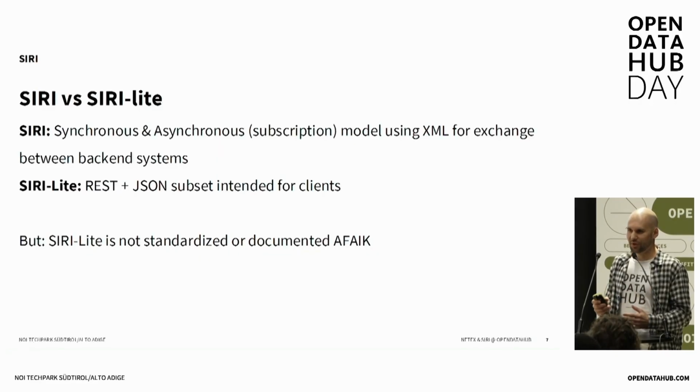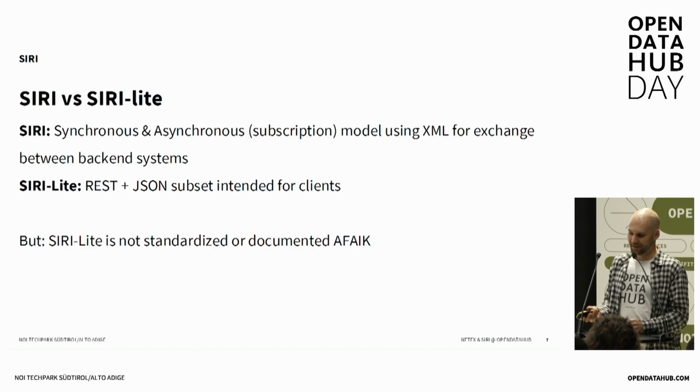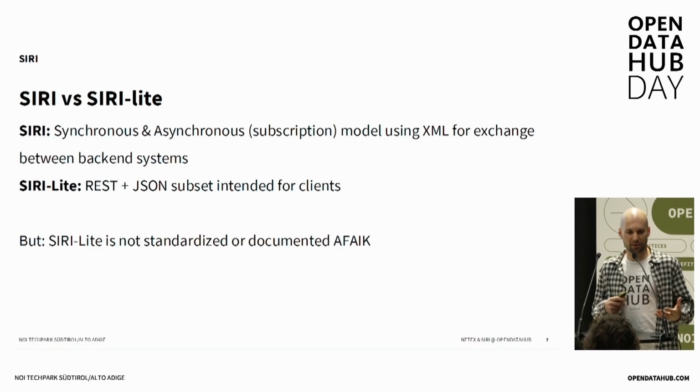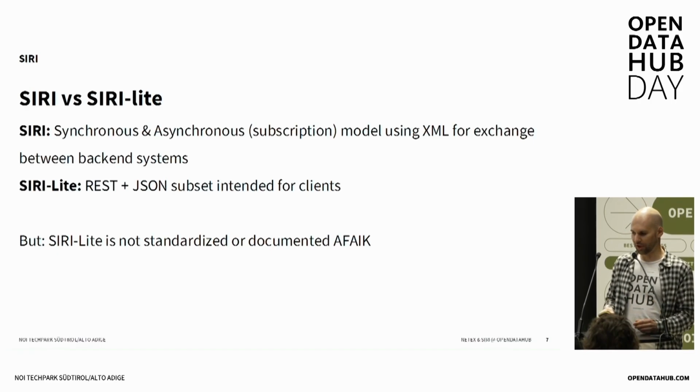Then, as I said, there is this somewhat standard, but I actually haven't found any real documentation about how to implement it. It's more or less that Siri can also be translated into a JSON format for a REST API. Siri is actually a protocol, so it foresees multiple types of communication.